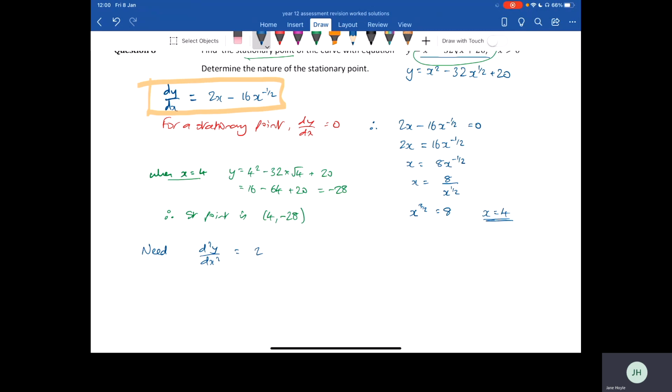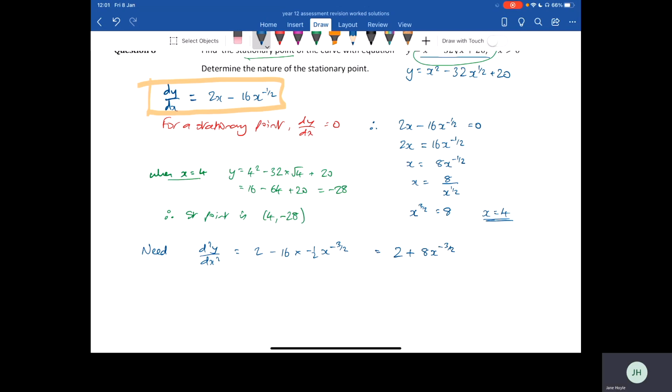Differentiate again, I get 2. So this is a bit more awkward this time, so I'm going to write down the negative 16, and then I can think about differentiating x to the negative a half. Bring the power down, write the x, reduce the power by 1. 2 minus, well, actually, if I multiply negative 16 by negative a half, it will be plus 8 x to the power of negative 3 over 2.